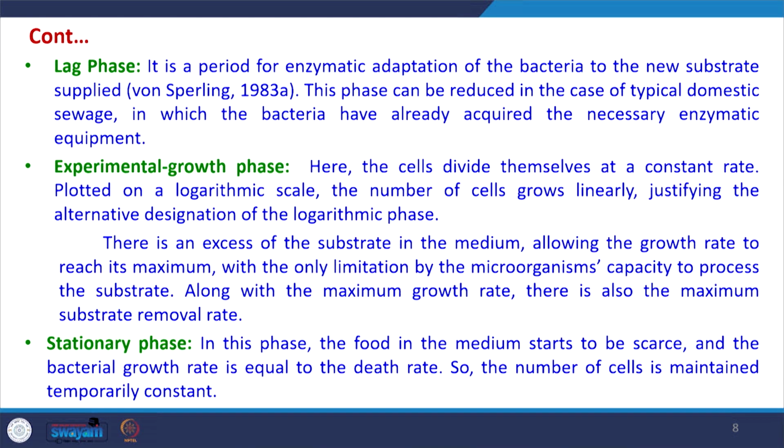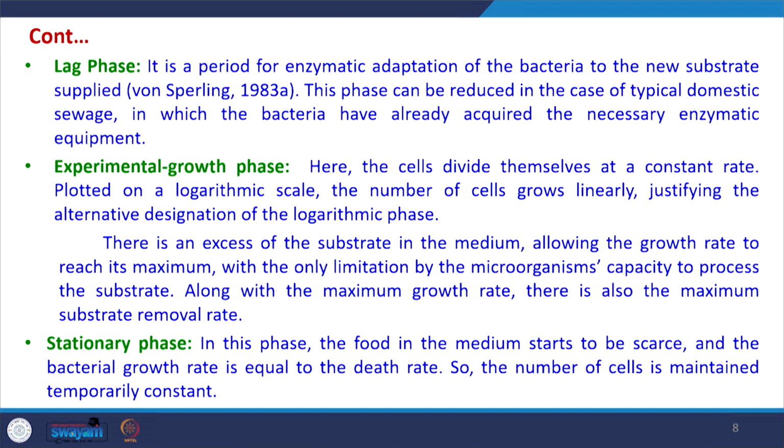After the initial lag phase, we have the exponential growth phase. Here the cells divide themselves at a constant rate, and if we plot this on a logarithmic scale, the number of cells grows linearly. Thus this is the exponential growth phase, and as there is an excess of substrate, that means the organic matter present in the medium is very high, the growth rate reaches its maximum, limited only by the microorganisms' capacity to process the substrate.